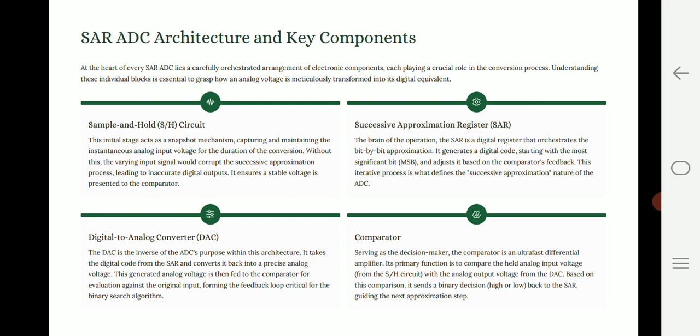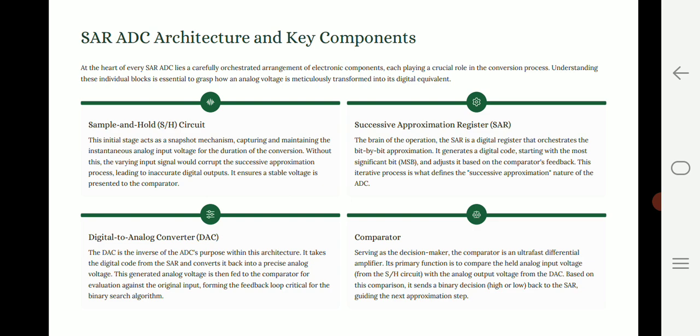The components are the sample and hold circuit, also called the S/H circuit, the SAR (successive approximation register), the digital to analog converter (DAC), and the comparator.